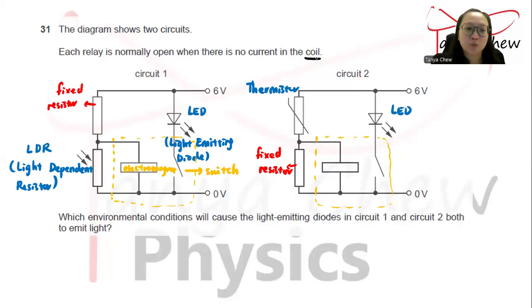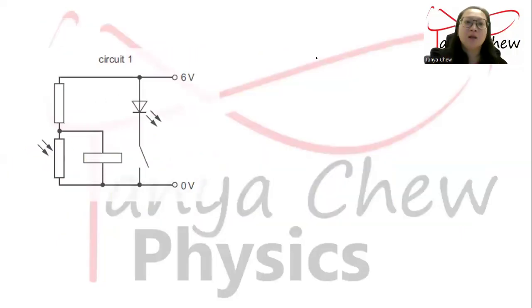So the question asks, which environmental conditions will cause the light emitting diodes in circuit 1 and circuit 2 both to emit light? Now, I don't want to make things complicated. I will explain the circuits one by one. Let us look at circuit 1 first.